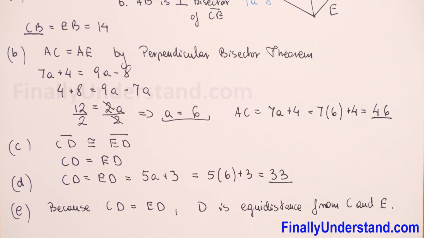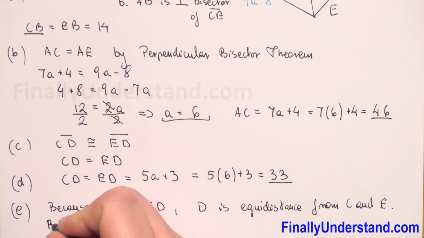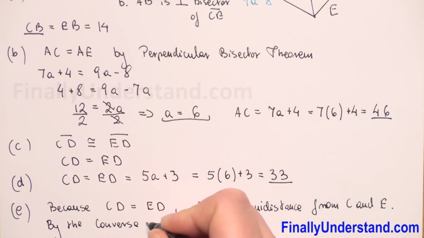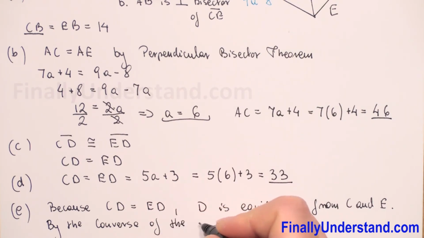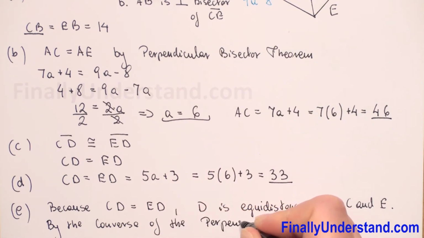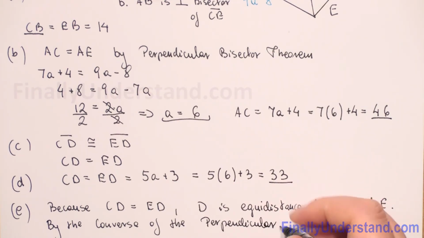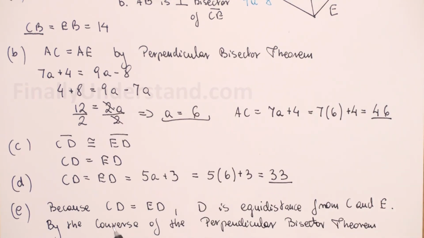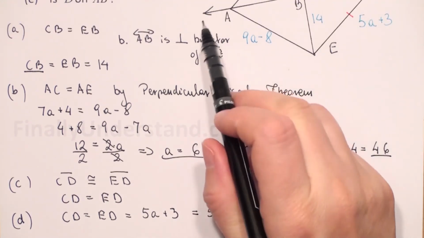So by the converse of a perpendicular bisector theorem, because CD is equal to ED, it means that D lies on the perpendicular bisector AB.